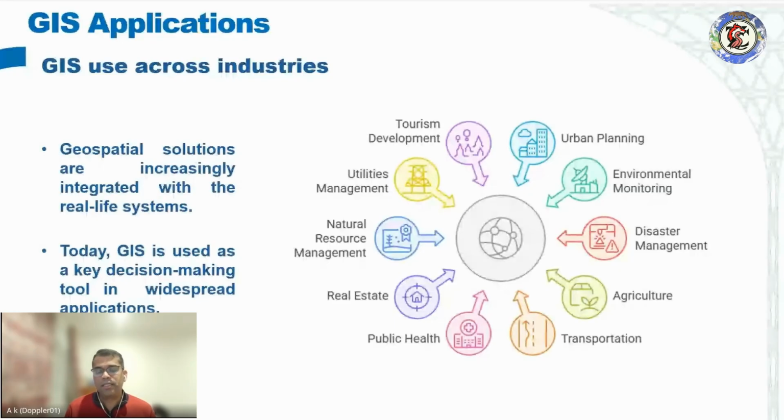The big brands, when they open their outlets, use GIS. For example, Apple, there was a lot of rush at the Apple store yesterday in Mumbai. When Apple opens a brand outlet, they will use GIS in the background to find the optimal location to open their showroom, so that they will have maximum business.